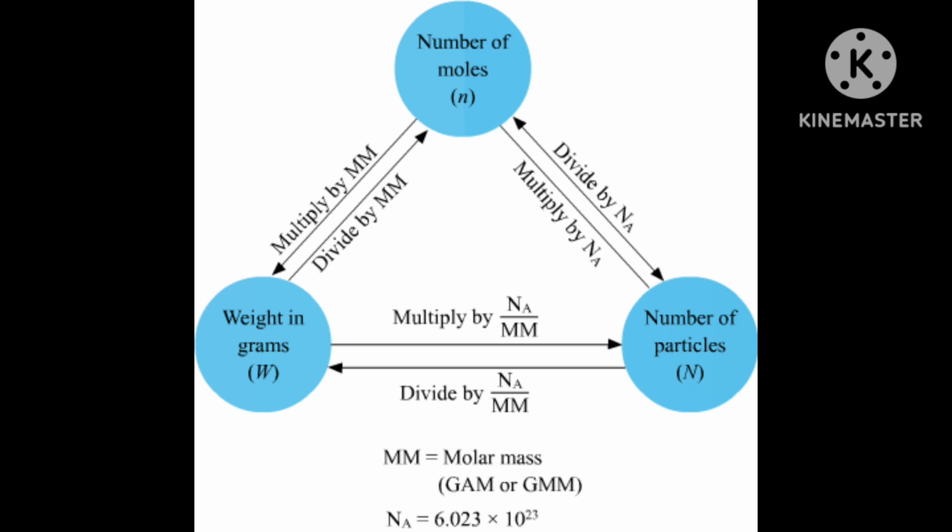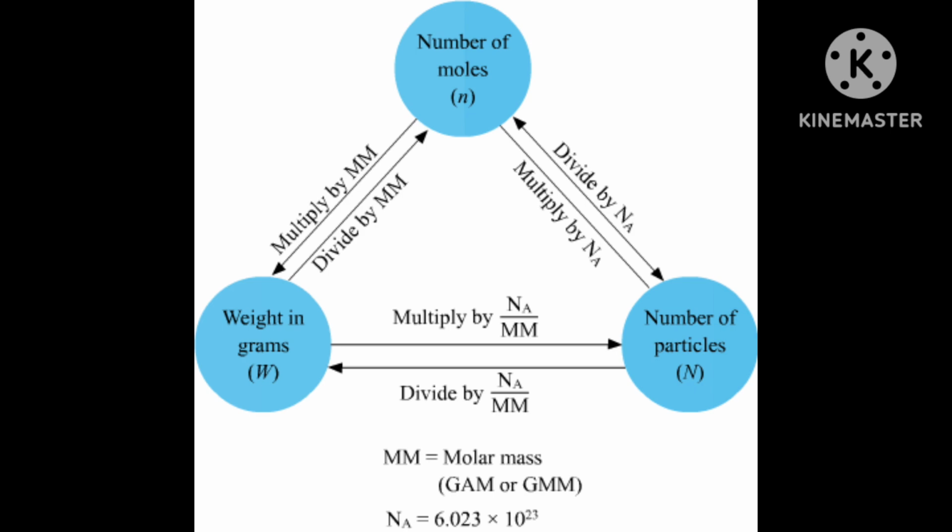Correct? This is also called Avogadro number. Avogadro number in terms of atoms and other in terms of molecules. In case of molecular substances, Avogadro number you can tell in terms of molecules, and in case of atomic substances, Avogadro number you can tell in atoms.